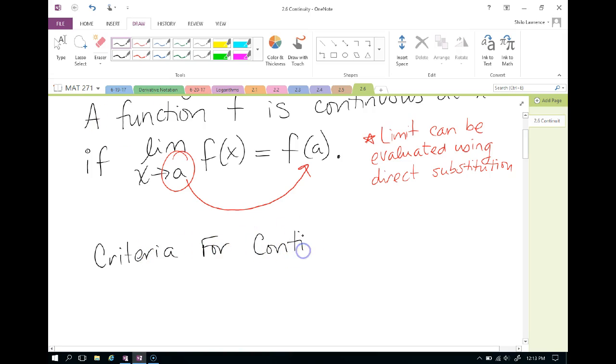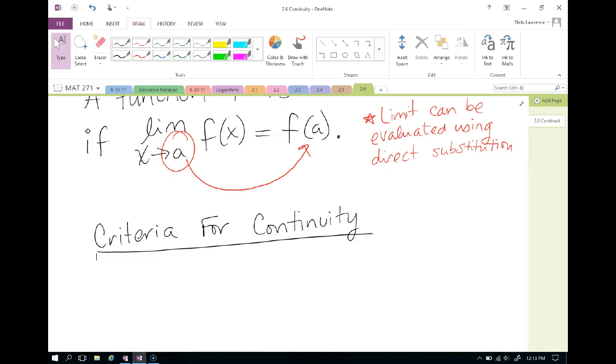And this is going to allow us to pinpoint exactly why something is not continuous, because we can say exactly which criteria fails or which one doesn't hold. So even though we only have this one definition, there are several things that have to be true in that definition.